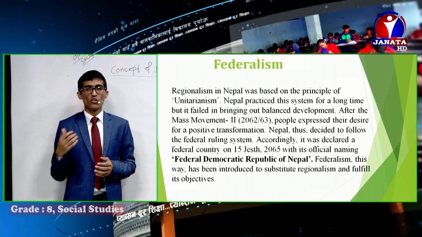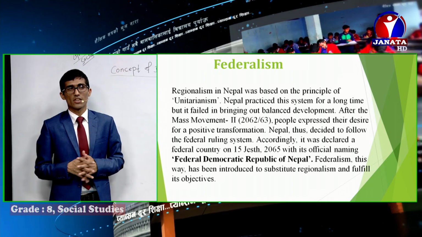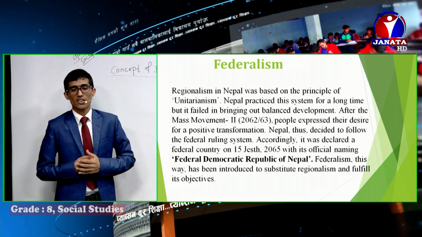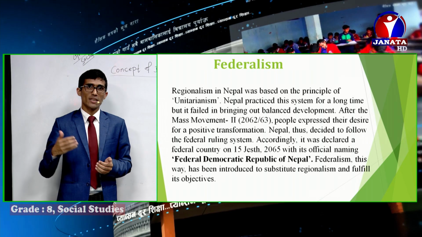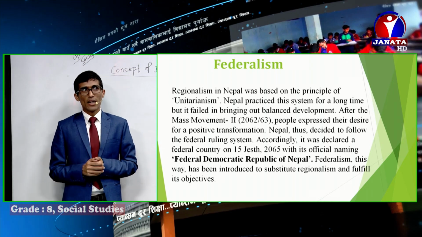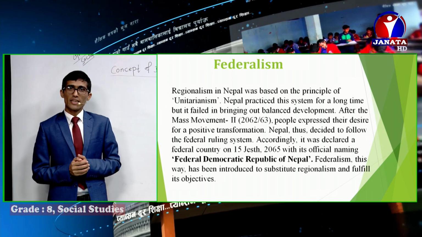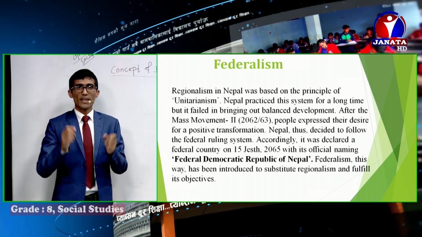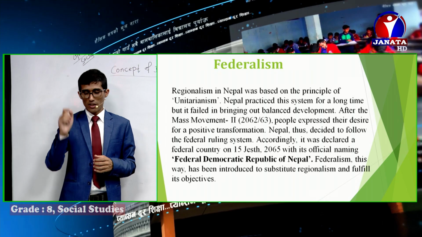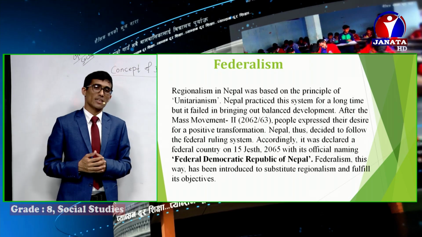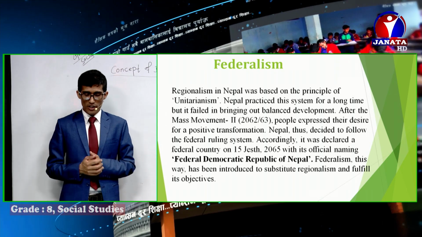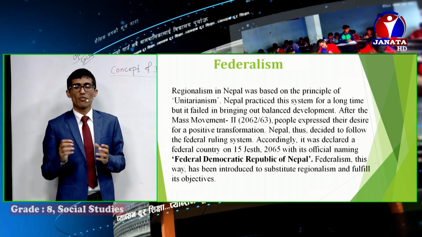It was endorsed by the first Constituent Assembly. First CA election was conducted on 2064 Chaitra 28, and that first CA's first meeting was held on 2065 Jestha 15. On that very day, in the first meeting of the first Constituent Assembly, Nepal was declared a Federal Democratic Republic of Nepal.